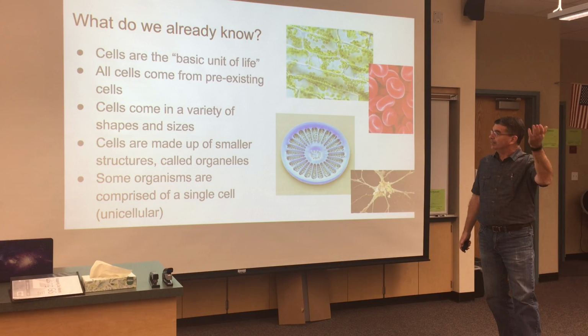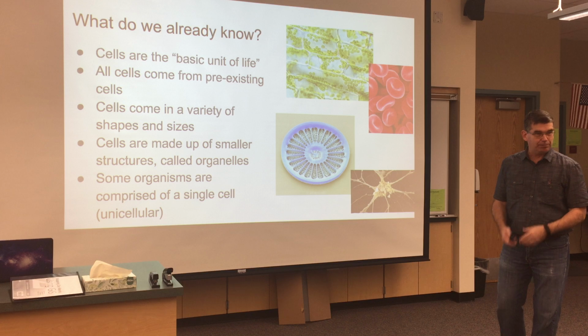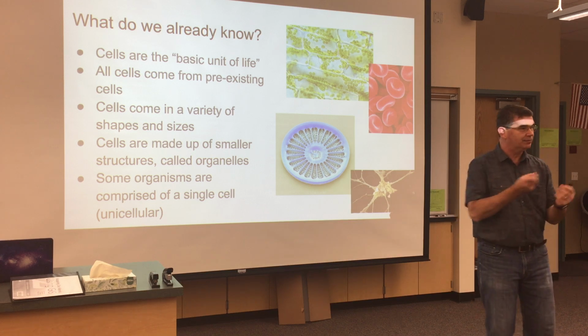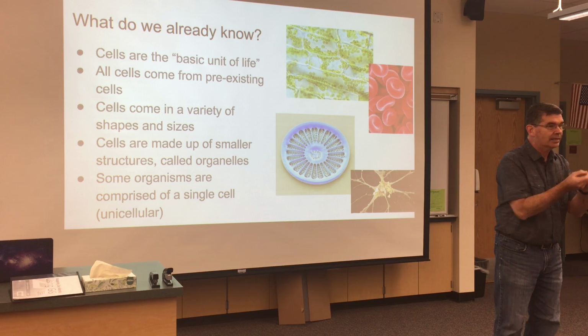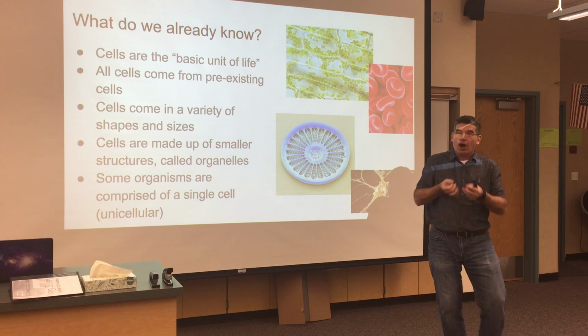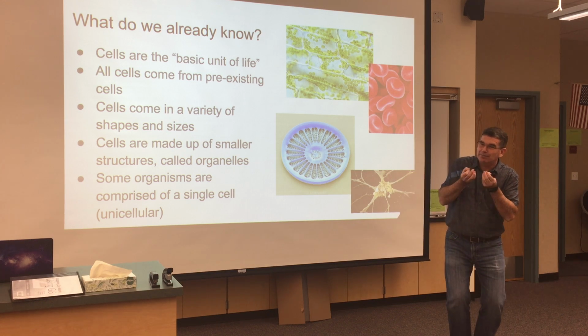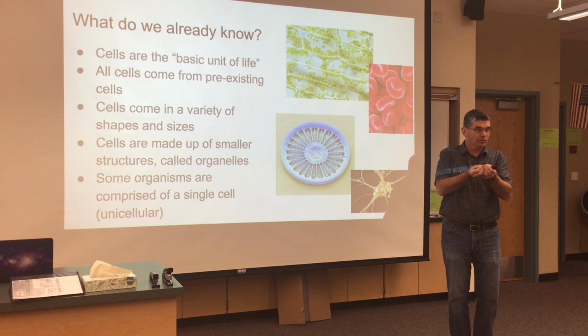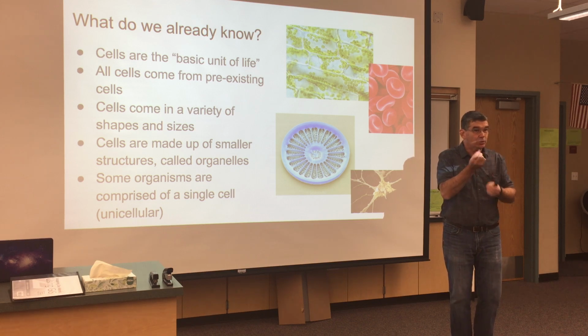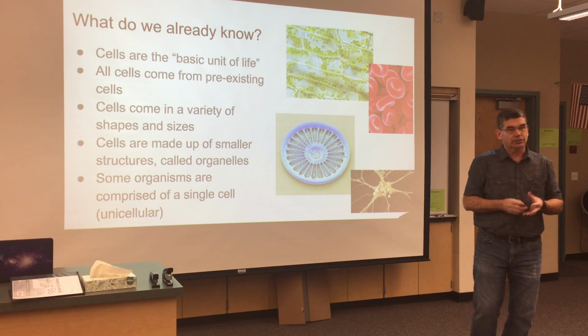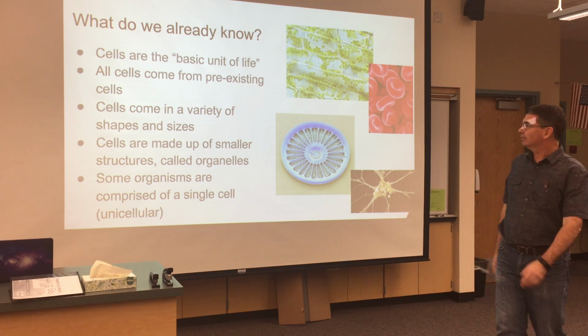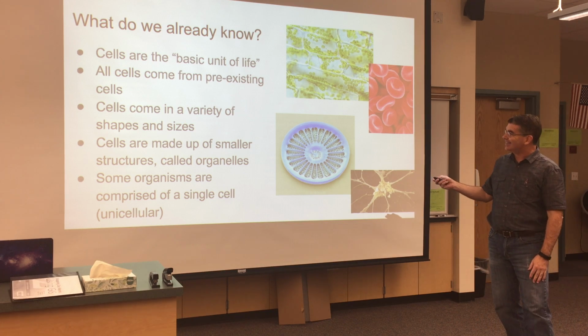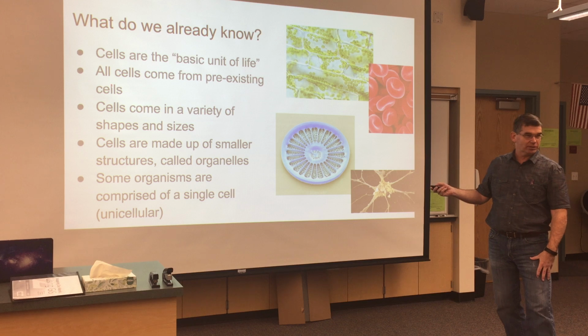Some of the things we already know: that the cell is the basic unit of life, that if you had to find the smallest part of your body that still carries out all the functions that we say make you alive as opposed to non-living, the cell would be that smallest part. And so the cell, we say, is the basic unit of life. We know that you can't get cells unless you start with cells.